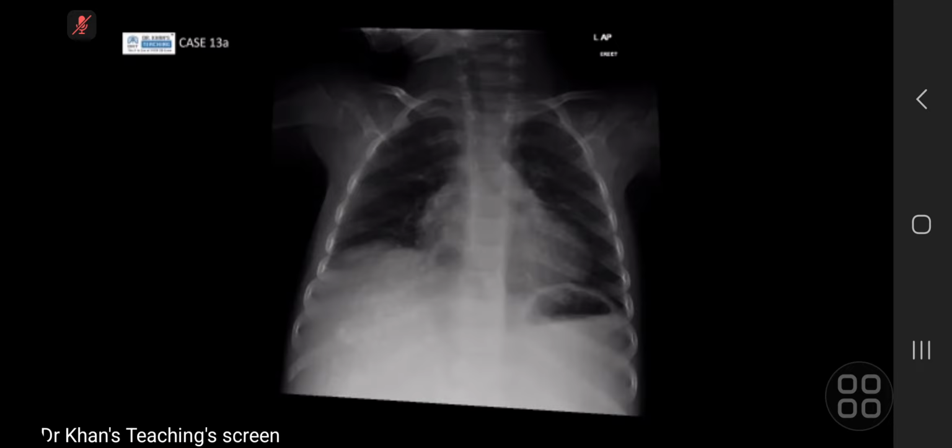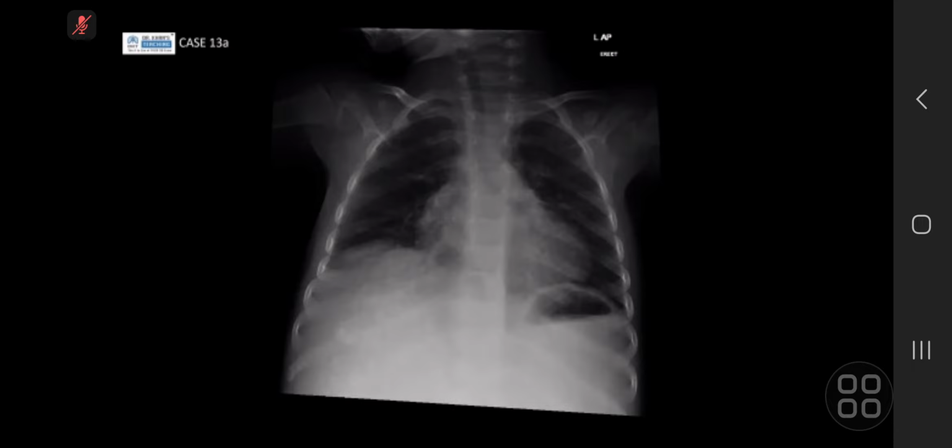I think I can see a few calcific foci within. Apart from this, there is no pneumothorax and no pleural effusion. The visualized bones show no focal lesions or fractures. So my main finding is the ill-defined opacity with calcification overlying the right hemidiaphragm and the liver. I would like to do cross-sectional imaging for further evaluation.